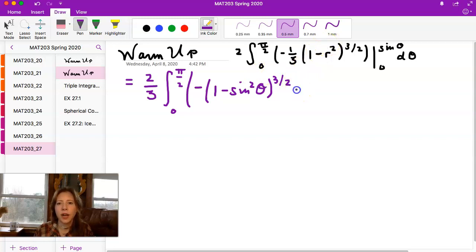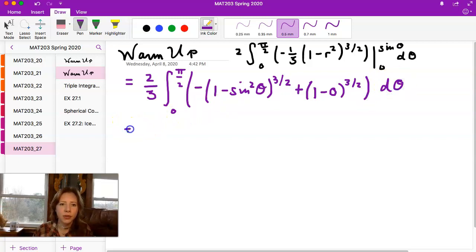Then we're going to subtract off 1 minus 0 to the 3/2. There's a double negative there, so we're going to add 1, which is just 1, d theta.